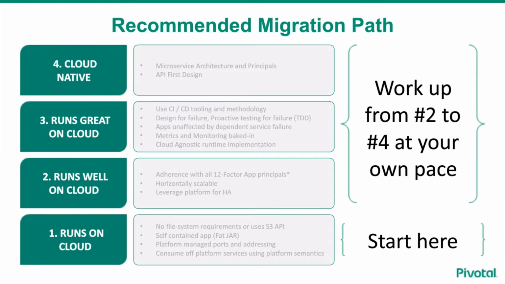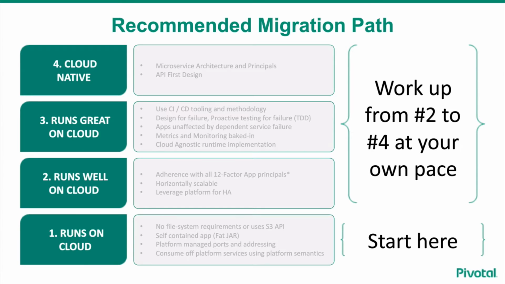And we prefer to say, hey, start down here. Just make it run on the cloud. Do the minimum necessary to get rid of or refactor blatant 12-factor violations that just make it incompatible. And then work up from number 2 all the way up to number 4 at your own pace and as requirements dictate.